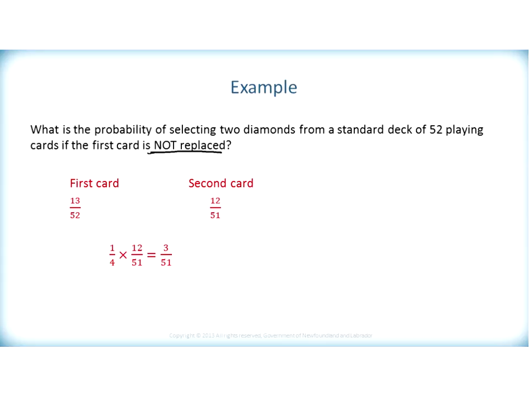The first card is a diamond, and there's 13 diamonds over 52 total cards, which will give us 1/4. For the second card, we've already chosen a diamond, leaving 12 diamonds and only 51 out of the 52 cards left. So we take the probability of getting a diamond and multiply by the probability of getting a second diamond, and we get 3 over 51.